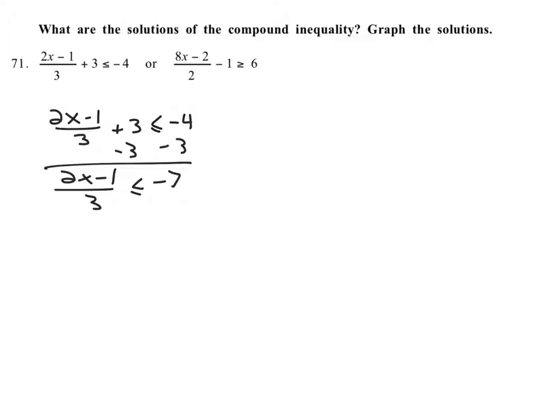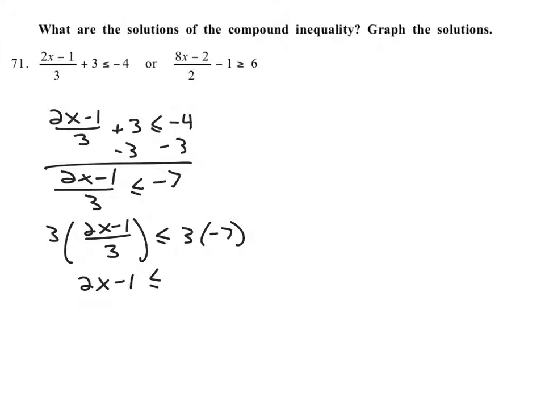Okay, now I have to undo this divided by 3. And I do that with a times 3. So 3 parentheses, everything that's already on that side, 2x minus 1 over 3, is less than or equal to 3 parentheses, everything that's already on that side, negative 7. Okay, this cancels out. So you've just got 2x minus 1 is less than or equal to negative 21.